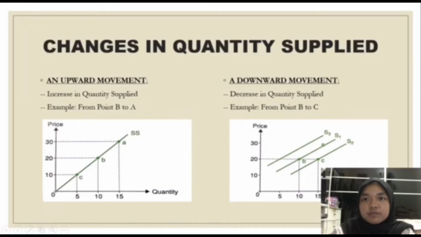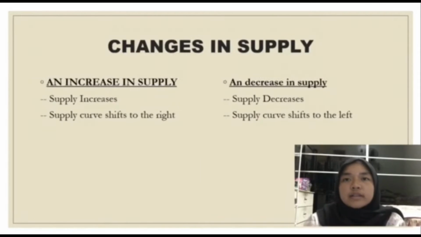An upward movement occurs when there is an increase in quantity supplied, and a downward movement occurs when there is a decrease in quantity supplied. Changes in supply are also divided into two: an increase in supply and a decrease in supply. When there is an increase in supply, the curve will shift to the right, and when there is a decrease in supply, the curve will shift to the left.